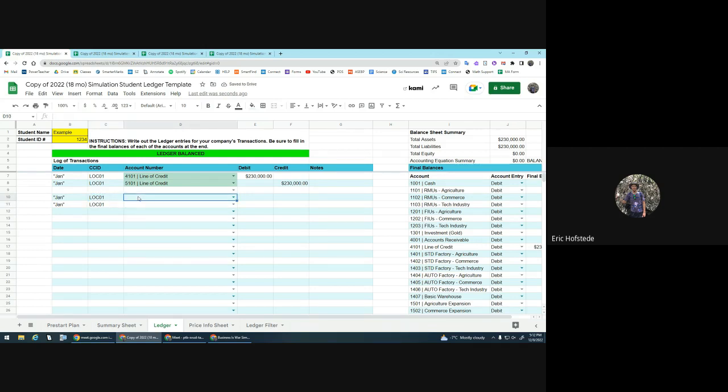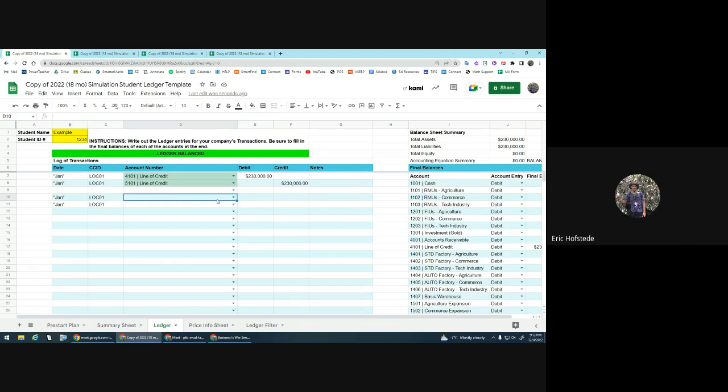So now we ask ourselves, what happens when I take out this loan? You've got to think chronologically. It's not super important to be exactly chronological in this course, but in the real world as an accountant, you want to make sure everything happens in the correct order, the correct timeline.